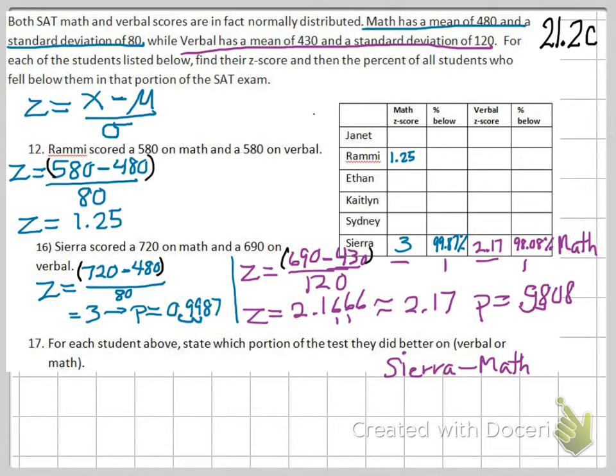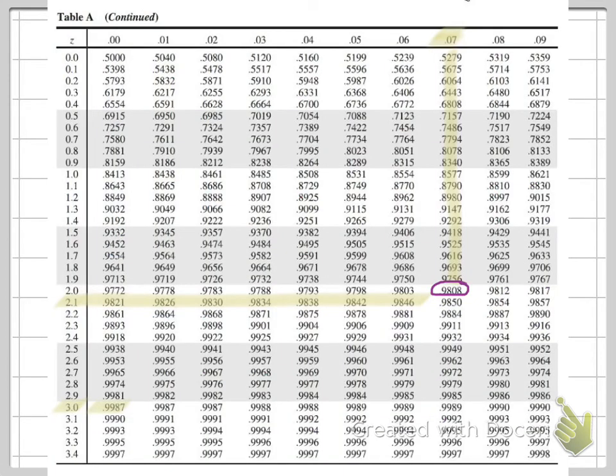And then I'm going to go to the next page, look for positive 1.25. There we go, 1.2. And I need a 5 in that hundredths place. So I'm going over here and finding this 5, bringing it down here, bringing it over here, and I get 0.8944.